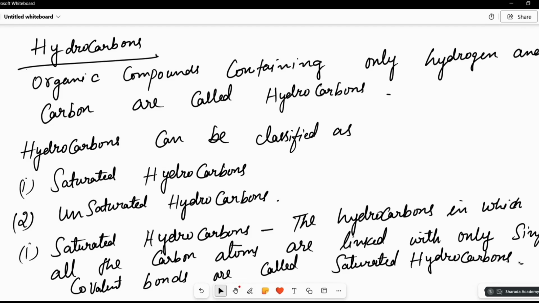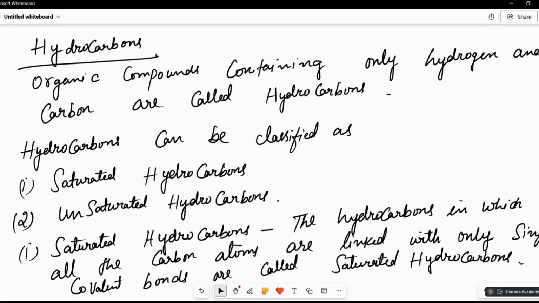So first thing, hydrocarbons means the compounds which have only hydrogen and carbon. And in the hydrocarbons, we classify saturated and unsaturated hydrocarbons. If the hydrocarbon contains only single bonds, then they are called saturated hydrocarbons.